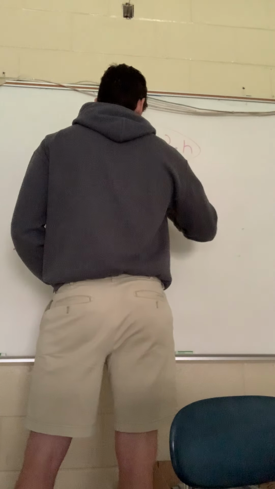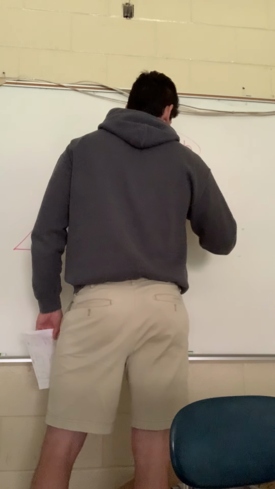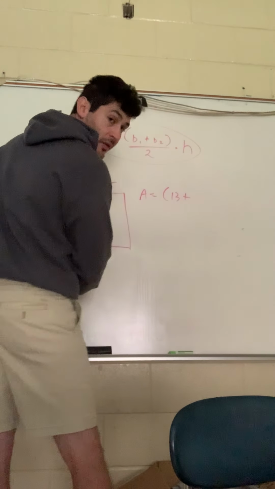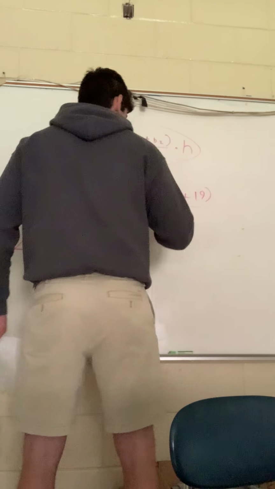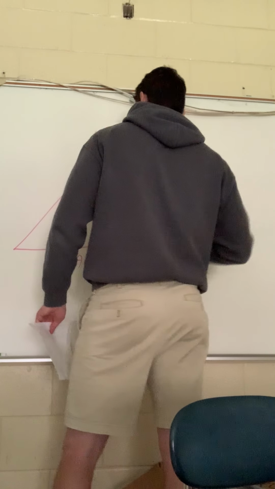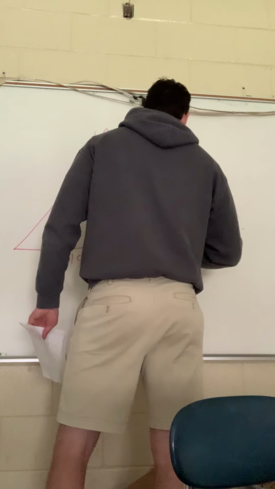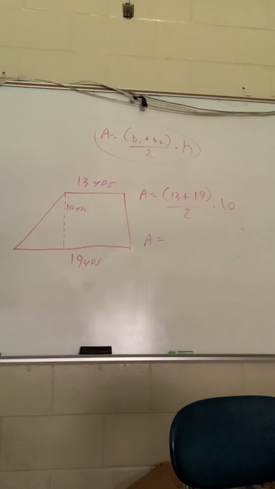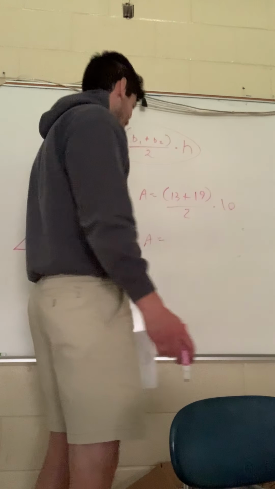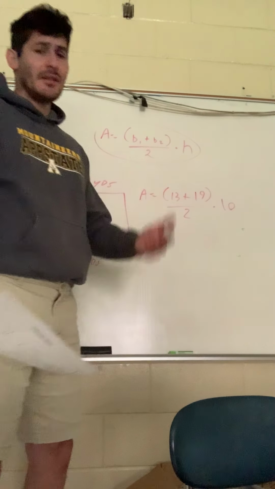So again, I'm going to do my base 1, which is 13 yards, plus my base 2, which is 19 yards, everything divided by 2 times the height, which is 10. 13 plus 19, you don't need a calculator for that.